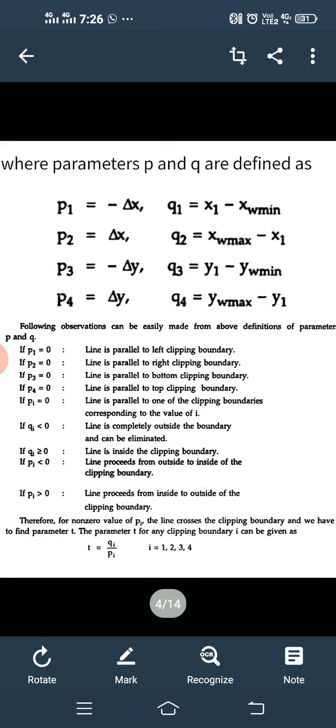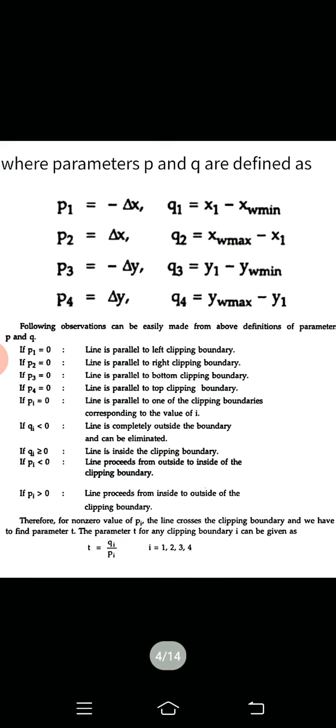If pi is greater than 0, then the opposite case is followed: the line proceeds from inside to outside. So pi equals 0 means the line is parallel to the clipping boundary, pi less than 0 means the line is traversing from outside to inside, and pi greater than 0 means the line is traversing from inside to outside of the clipping boundary.